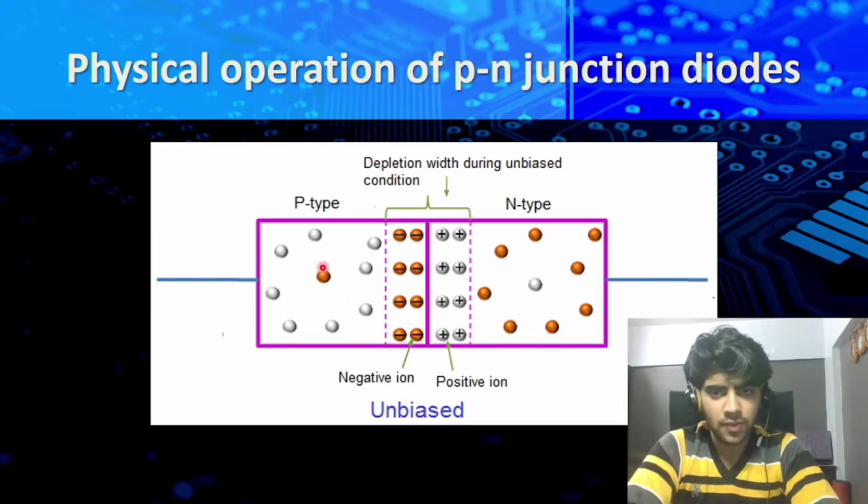So when p-type semiconductor is joined with n-type semiconductor, there is a formation of a layer which is also called the depletion layer. But why is it called the depletion layer?